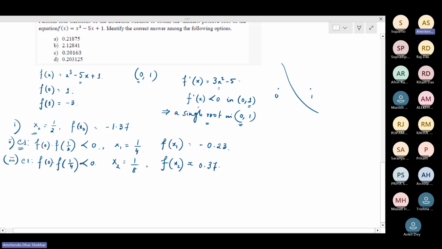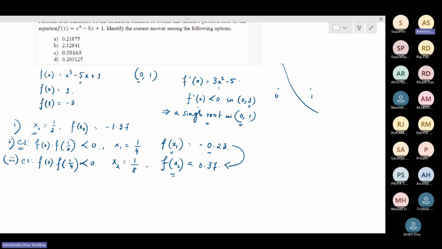One thing you can notice is that as we go from 2 to 3, the estimate did not become better, in the sense that the absolute value of f of x1 is actually smaller than the absolute value of f of x2. As a rule of thumb, when you perform this iteration a few times, you can get this sort of oscillation.